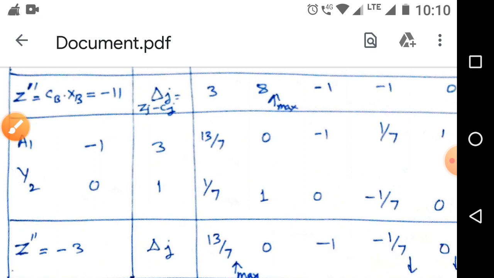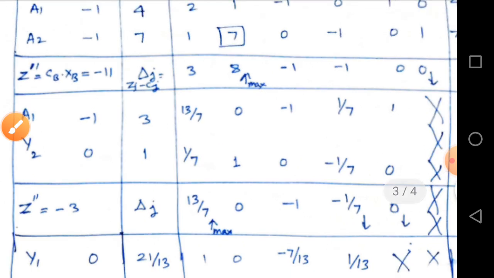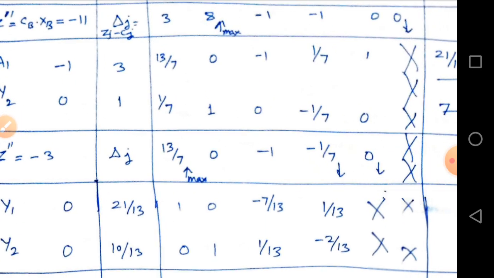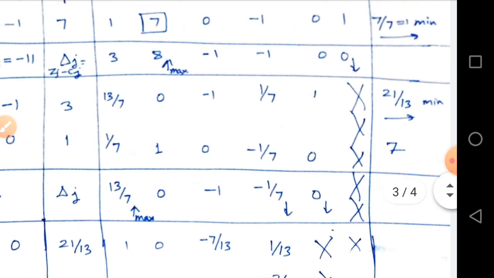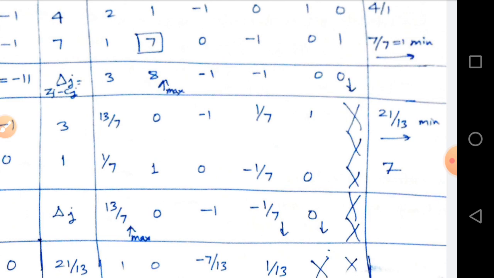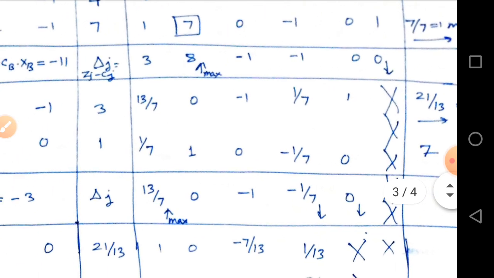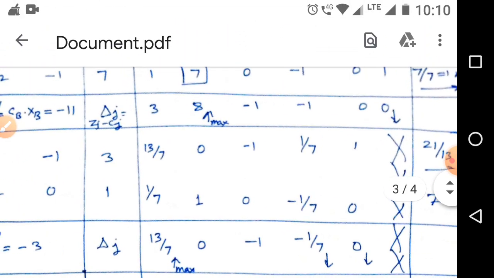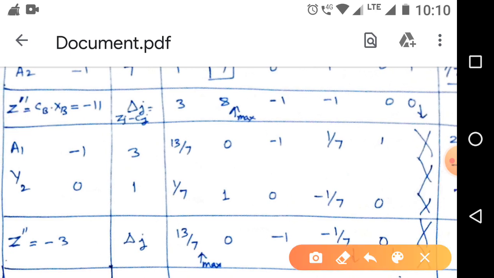Now calculate delta j again, choose the maximum delta j and find the minimum ratio, and at the intersection of the outgoing and incoming row we get the pivotal element.